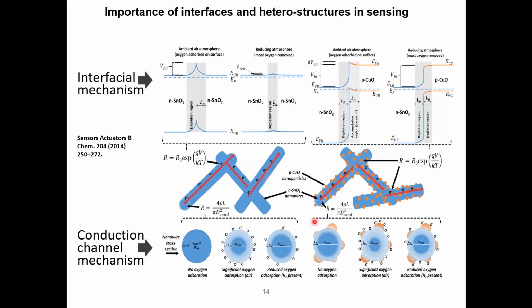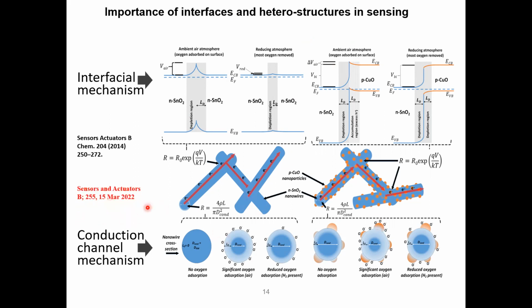Now, on top of this, you can decorate the surface of the nanofiber by a secondary oxide that will further modulate the depletion layer, and one has to really understand the synergistic effect of the secondary oxide particles. There's a lot of fundamental understanding and studies that need to be conducted.